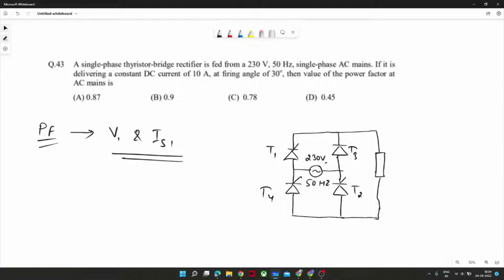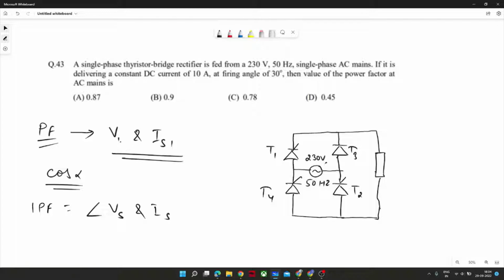This is known as the fundamental power factor, or you can say cos alpha, that depends upon the firing angle. And the input power factor is defined with the angle between Vs and Is.